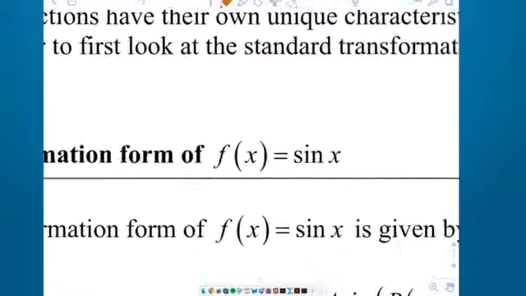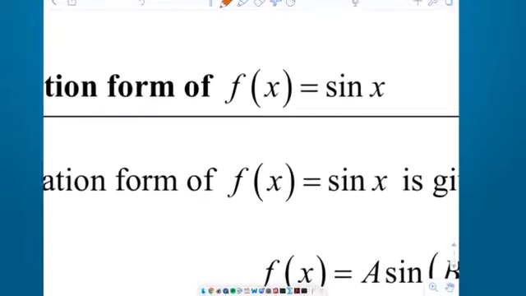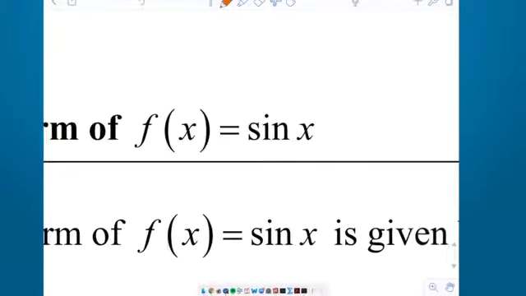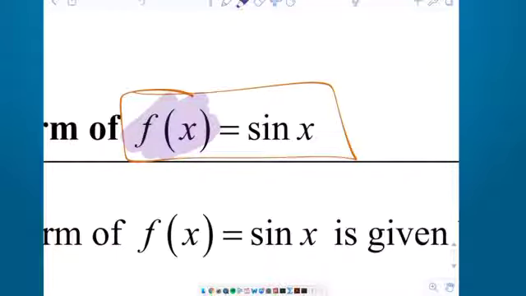So let's go ahead and look at the standard transformation form of sine of x. Now, first thing, notice that it's in function form now. It's f of x. So it's a function. We have an independent variable and a dependent variable. The independent variable for functions, we typically use x. But in this case, x, the independent variable, represents a what?